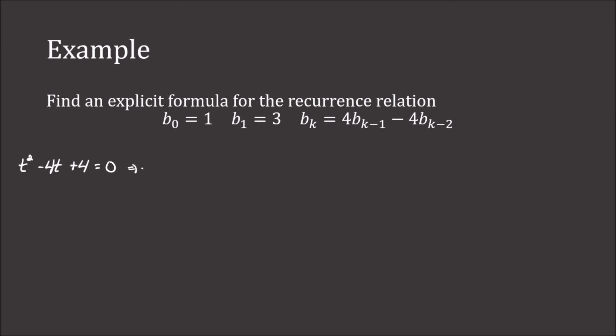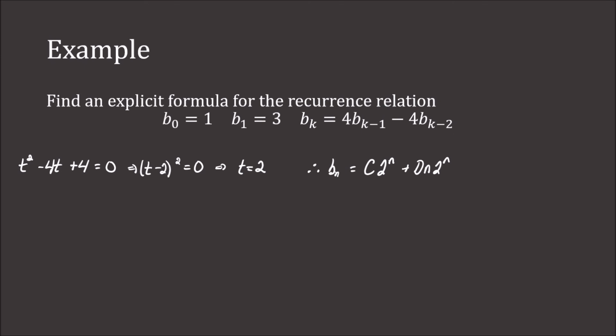This will give us that (t minus 2) squared is equal to 0. And so t is equal to 2. So our explicit formula will have the form c times 2 to the n plus d times n times 2 to the n.